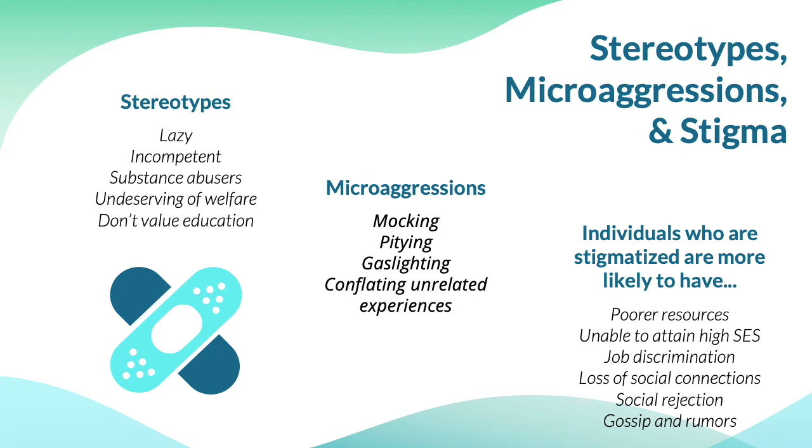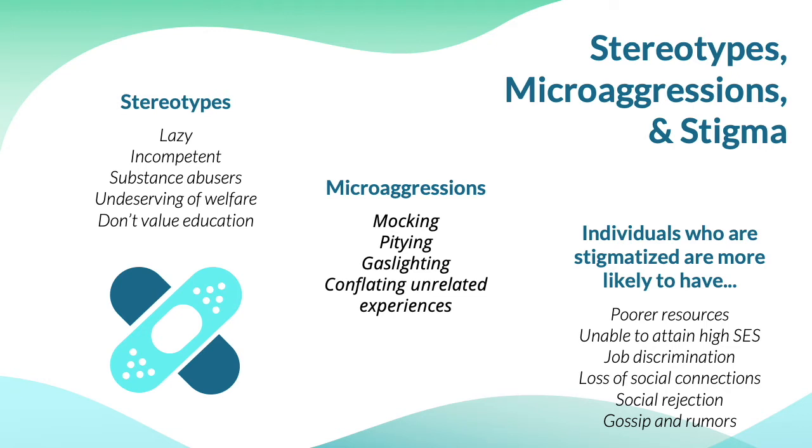Overall, there's a lot of negative stigma in the U.S. culture surrounding those from low SES classes. This stigma has contributed to the incidences of stereotypes and microaggressions, which add another stressor on already marginalized populations.